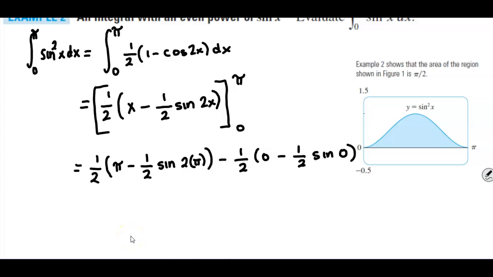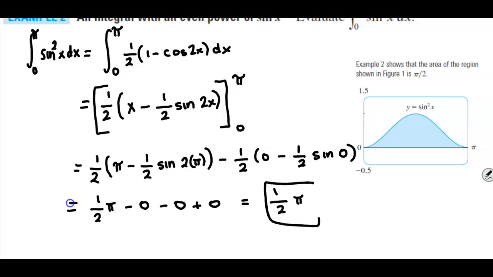So now we can go ahead and then distribute. So we're going to have 1/2 pi. Well, regardless, sine of 2 pi is going to give you 0. Minus 1/2 times 0 is going to be 0. Plus the sine of 0 is 0. So then our answer is 1/2 pi.